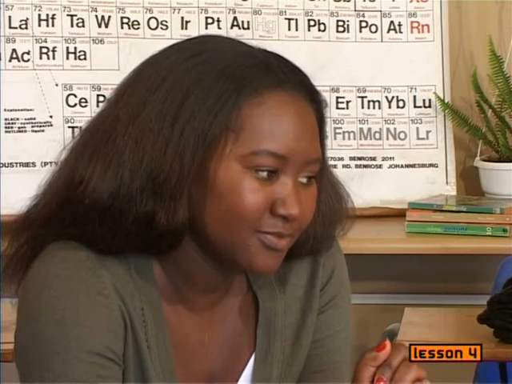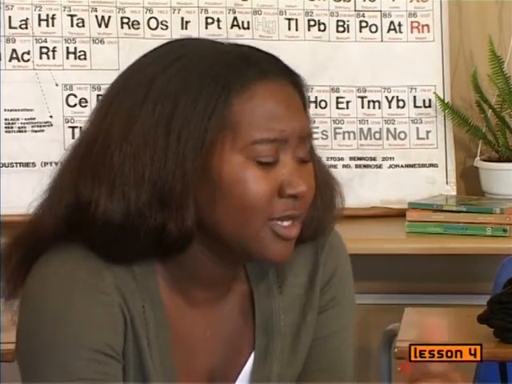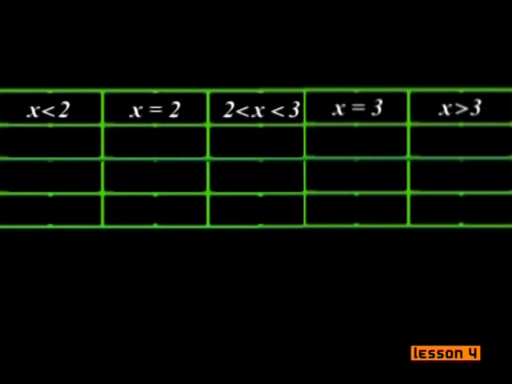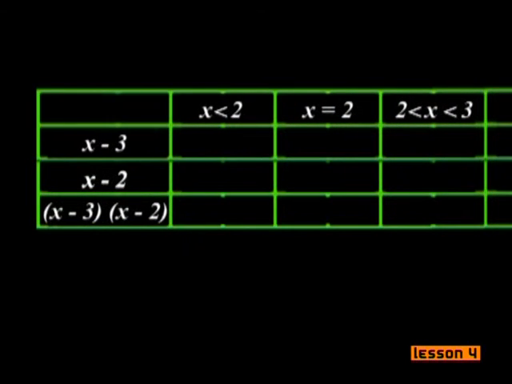In order to solve the inequality, we need to investigate what happens on either side of these points. There are a few ways we can do this. To start with, we're going to try what is called the table method. We need to work out the solution for (x - 3)(x - 2). So we will put this into our table.